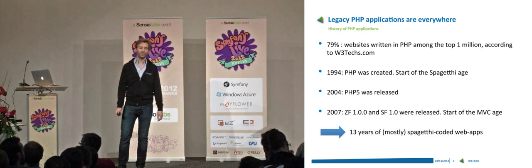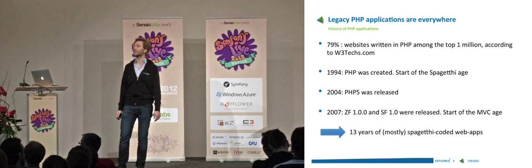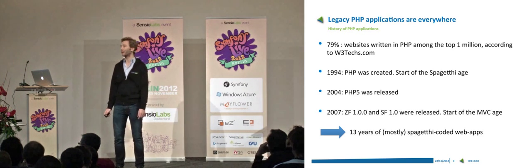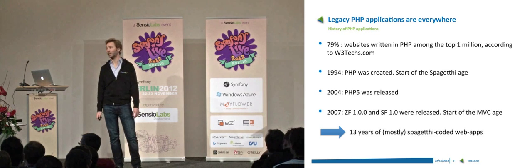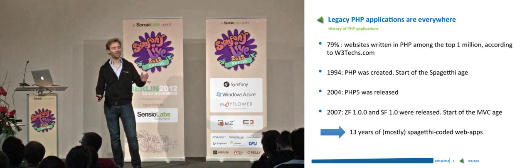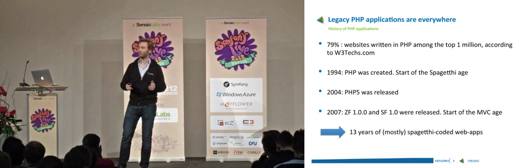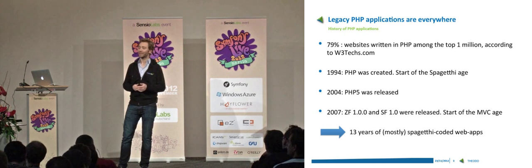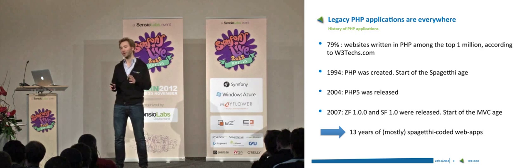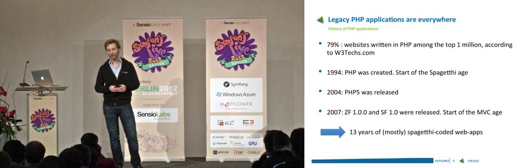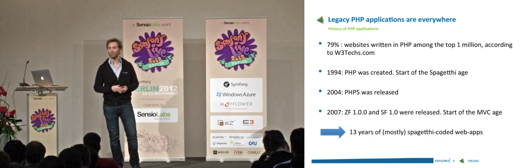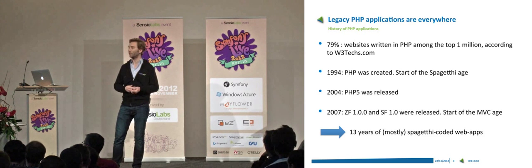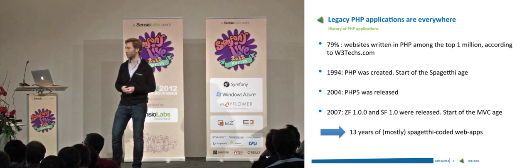And many of these websites and web applications have been written in a period that I call the web spaghetti age, which is between the start of PHP, in 1994, and which I consider to end in 2007, when the first really good MVC frameworks came out, which are Zend Framework and Symfony in the stable version.